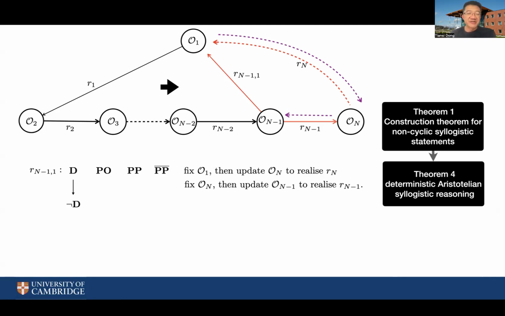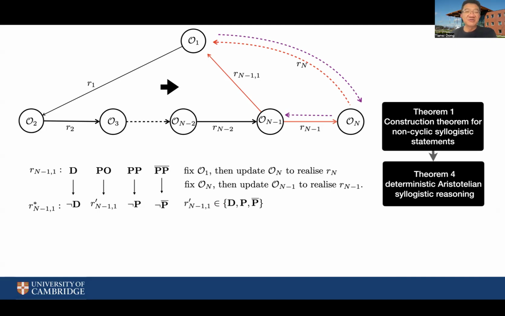If the earlier relation is D, we rewrite the new relation as negation D. If the earlier case is PO, we observe the current relation; whatever we observe is the syllogistic relation. If the earlier relation is PP, we write negation P, and if the earlier case is inverse PP, we write negation inverse P.